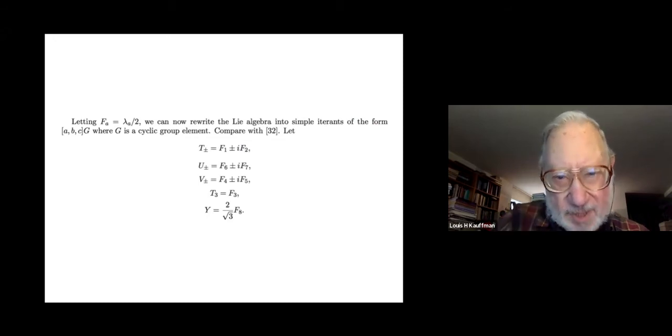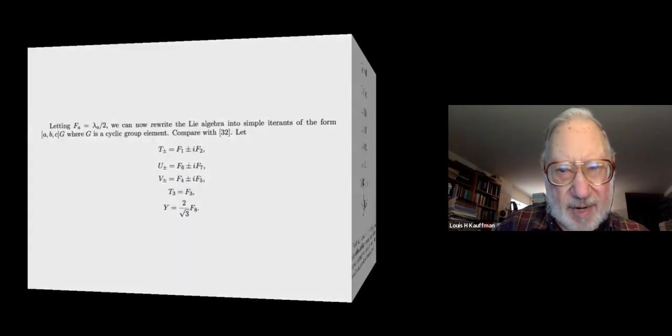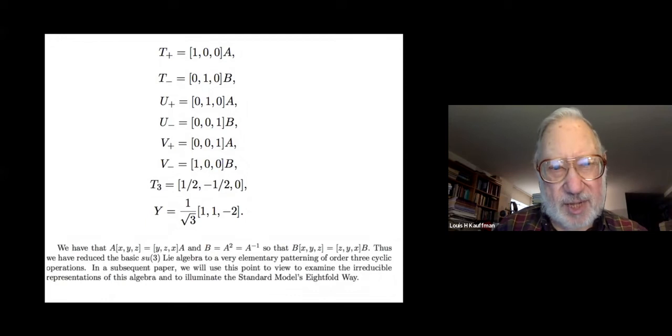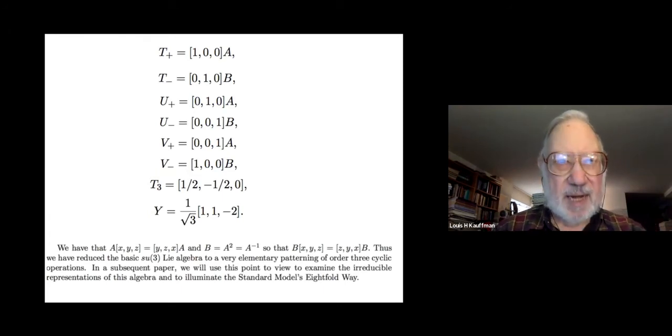So this decomposition into T's and U's and V's and Y's corresponds to this one. And then I can write the T's and U's and V's, which are the ones that were being used in this particular handbook of doing the representation theory.